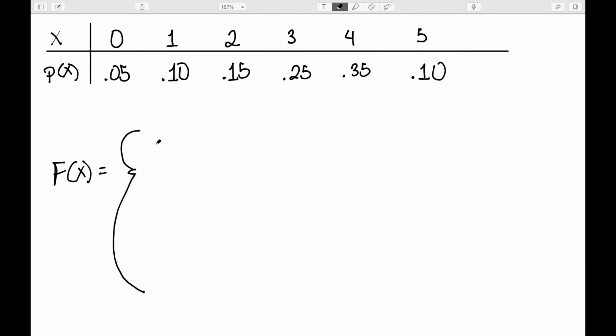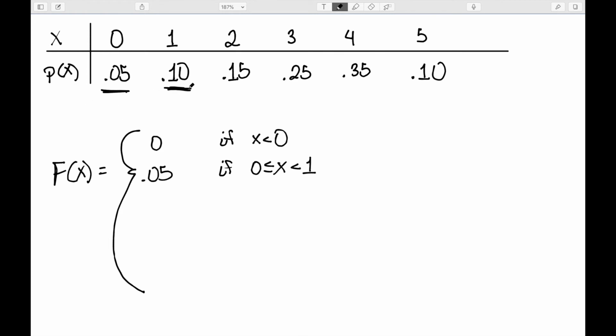My lowest value is 0, so everything that comes before 0 has a probability of 0. The probability that it's equal to -1, -2, -5.7 will all be 0. My next value is 0.05. And now this occurs when we hit 0, and when we get really close to 1, our next value.